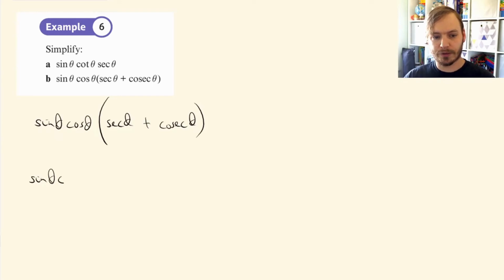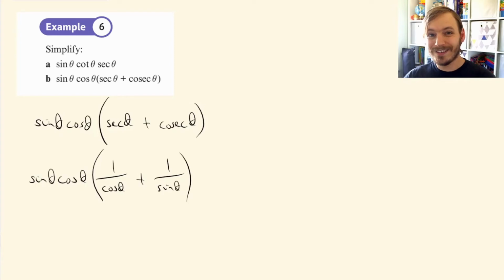So we have sine theta cos theta, and then in brackets 1 over cos theta plus 1 over sine theta. General principle here: fractions are unhelpful most of the time. They're certainly not simple, and adding of two fractions also not terribly helpful, but we can combine them if we rewrite these with a common denominator.